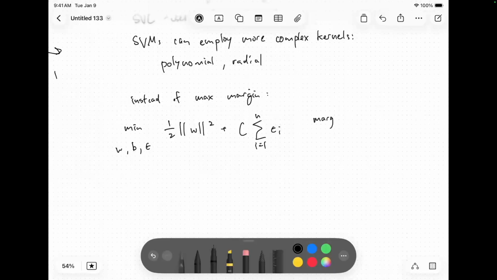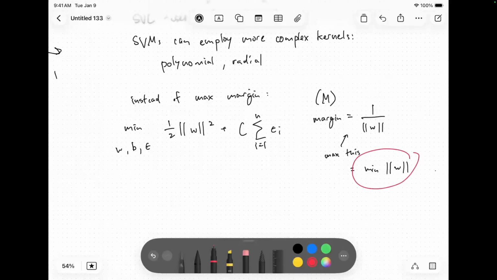So the margin, which we were calling M before, is equal to 1 over W. So maximizing this is equal to minimizing this, which is where we see the difference in minimizing versus maximizing. The other thing you'll note here is that the slack is a little bit different. So most packages will do C is a penalty rather than a budget.